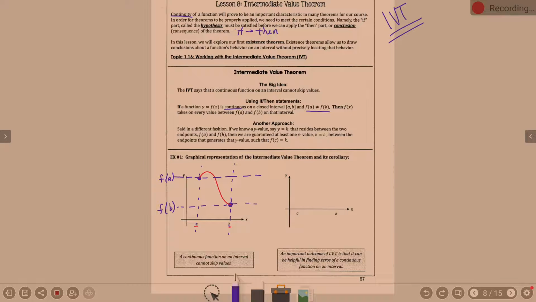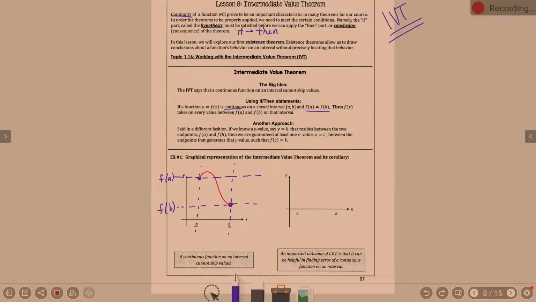I'm going to extend those pieces a little bit. So, A and B are my beginning and end points. The graph is continuous between those points.